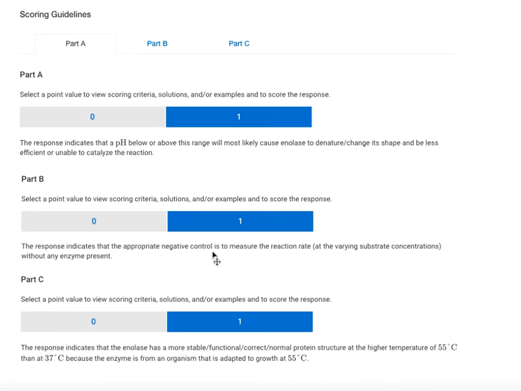Again, negative control, nothing there. And then more stable functional protein structure at the higher temperature of 55 Celsius. Enzyme is from an organism that's adapted to growth at 55C. Okay, so again, this one fairly straightforward, especially compared to the first FRQ question.